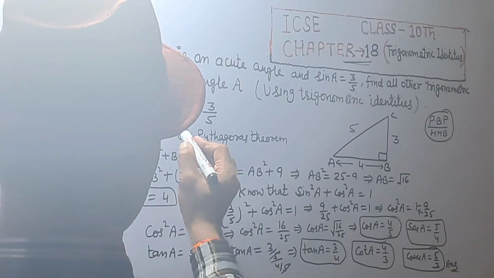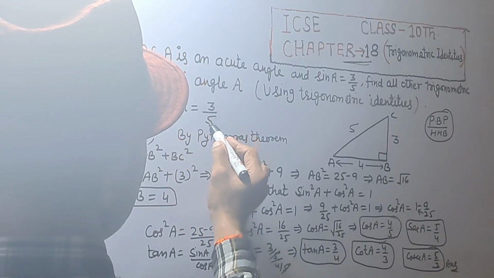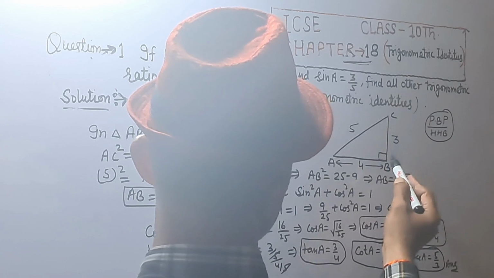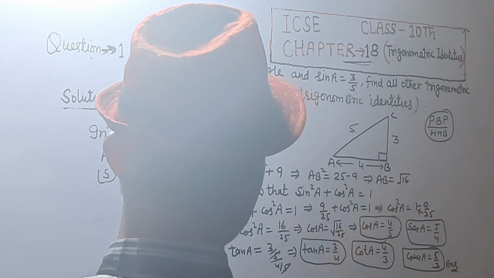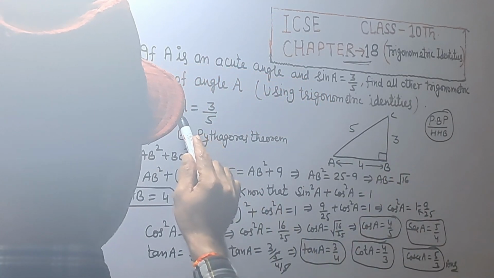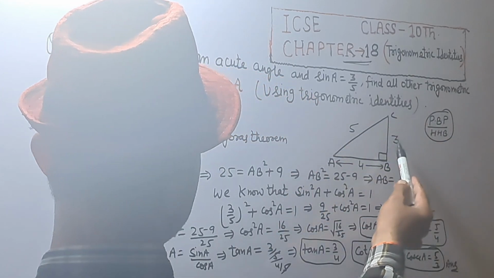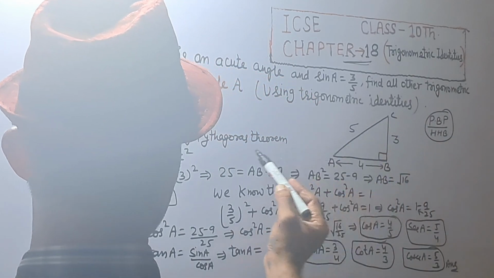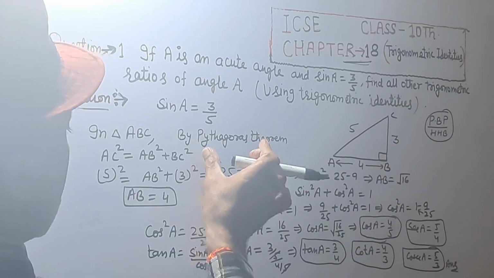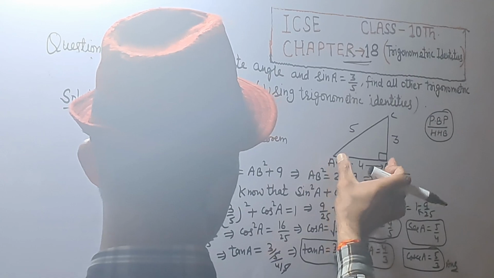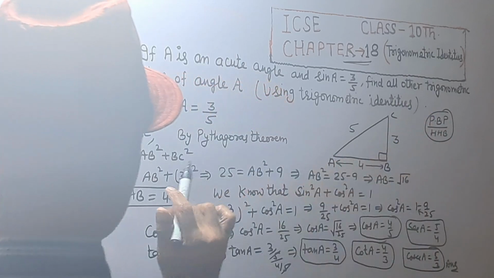Answer. Given sin A is equal to 3 upon 5, draw a triangle ABC right angled at B. Sin A is perpendicular upon hypotenuse, that is 3 upon 5. Using Pythagoras theorem, AC square is equal to AB square plus BC square.